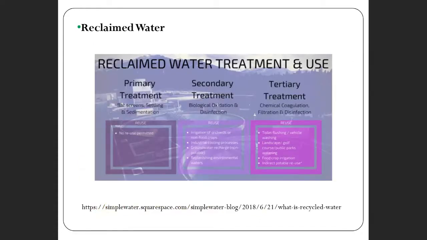The wastewater treatment system typically has a three-step process: primary, secondary, and tertiary treatment. In the case of Chicago, the treated wastewater from Stickney, I'm pretty sure that it's a three-step or a tertiary system.